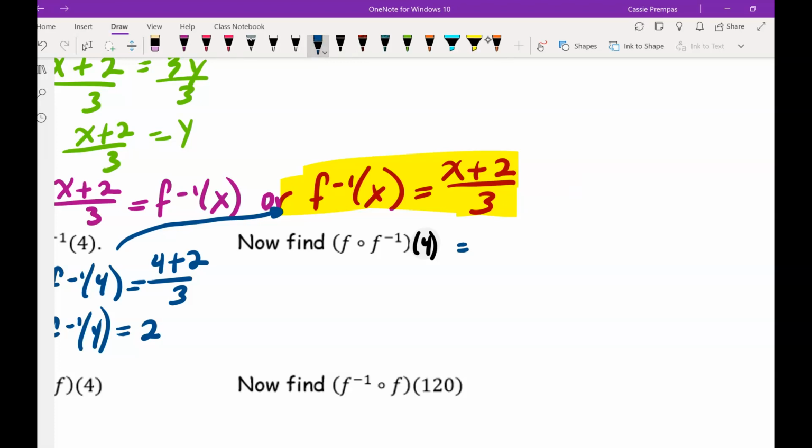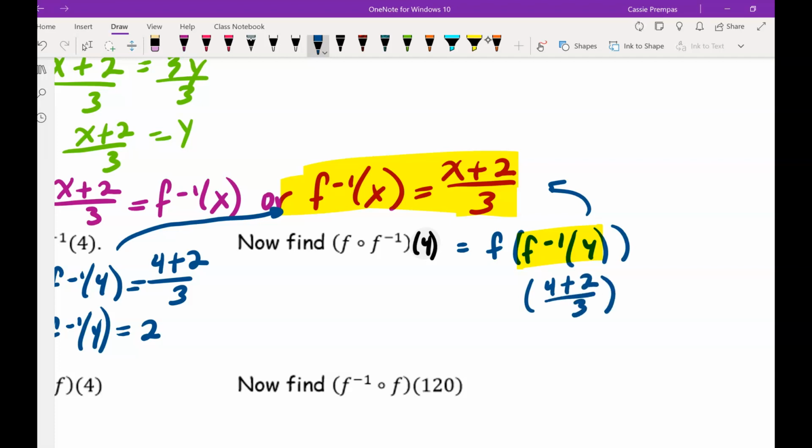So, same thing. We have the function of the inverse of 4. And I'm going to determine what is the inverse at 4. So I plug in 4 in for my inverse, and that would be 4 plus 2 divided by 3 is going to be my answer. 4 plus 2 is 6. 6 divided by 3 gives me 2. Now I want to determine what is the function at 2.